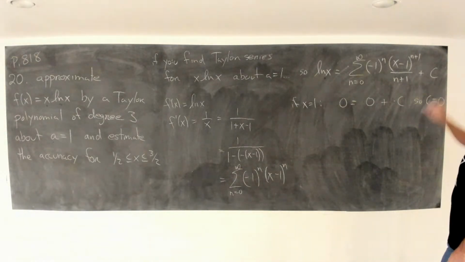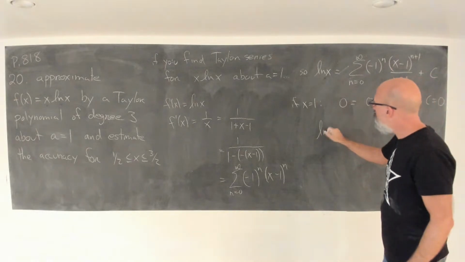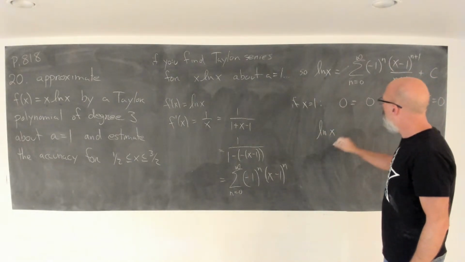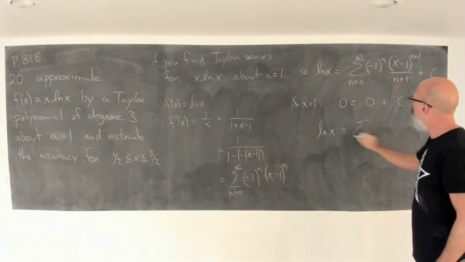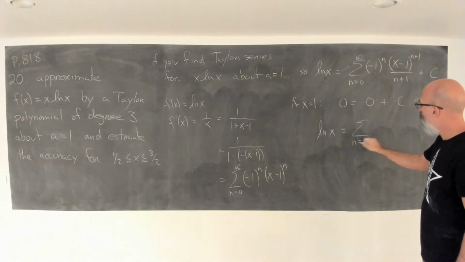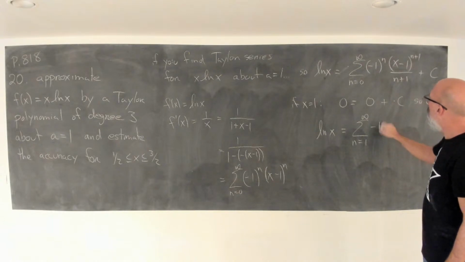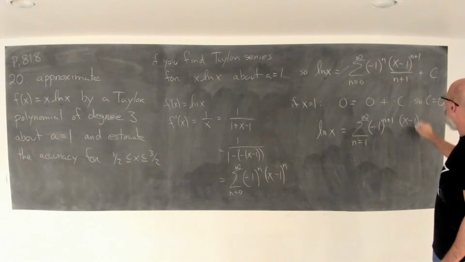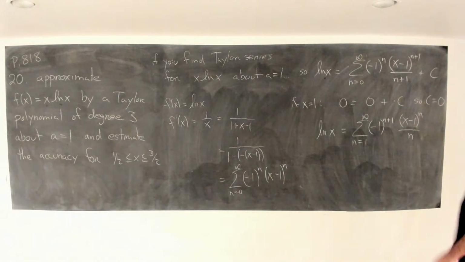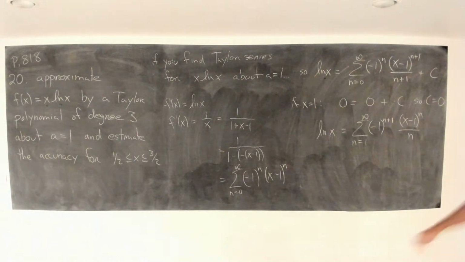So C is 0. In other words, ln x is equal to that, or let me start this at 1 instead. -1 to the n plus 1, x minus 1 to the n over n. Right?